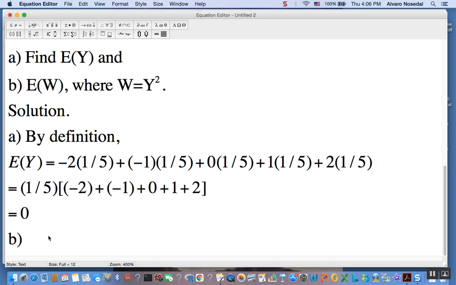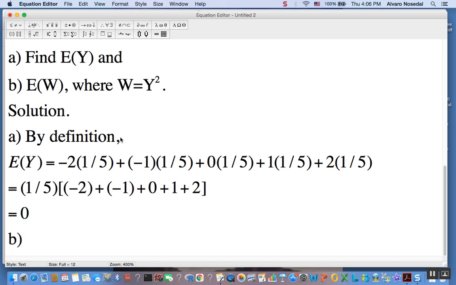What we did is, we want to find the expected value. And at this point, what we have been using to find expected values is the definition. And to use the definition, what we need is the probability distribution of the random variable in question. So that again will be our first step.